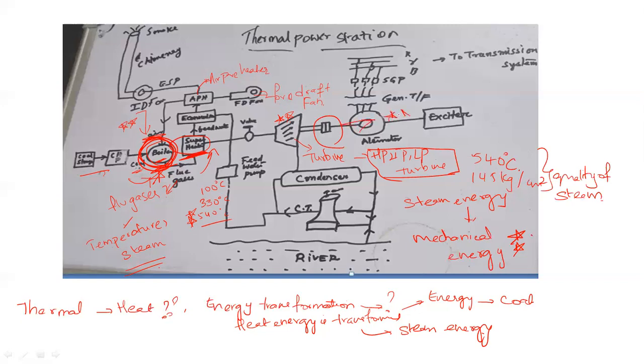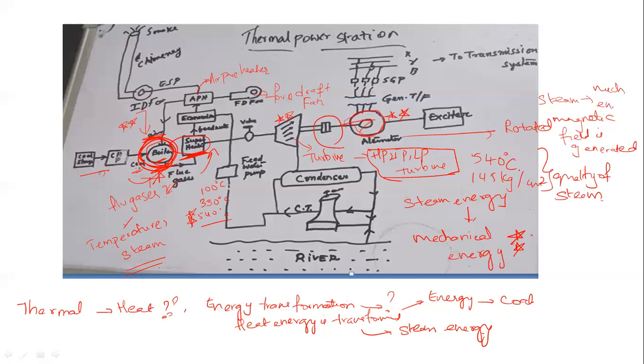So when the generator rotor rotates, the rotating magnetic field is generated in the generator. That means steam energy is converted into mechanical energy in the turbines, and mechanical energy into electrical energy in the generator.